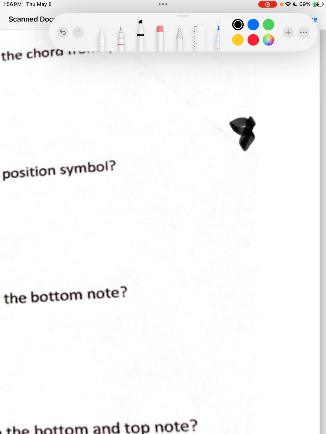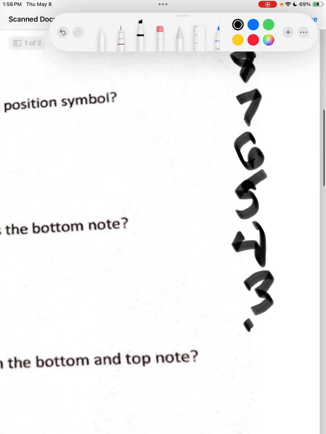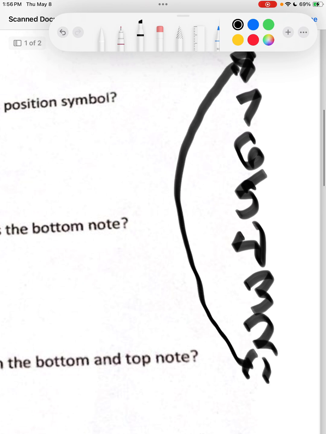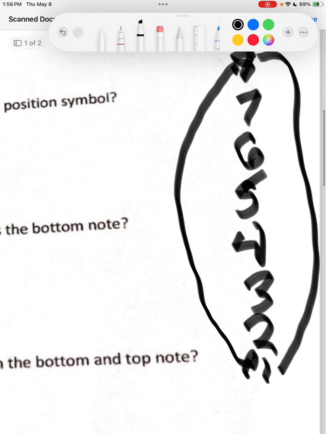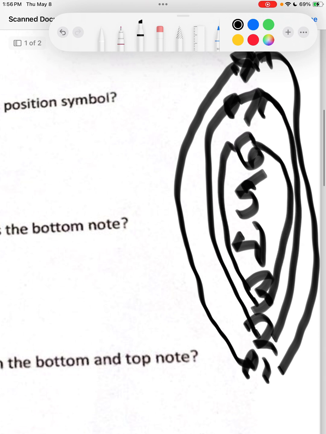Hold on. 8, 9, 10, 9, 4, 3, 2, and a 1. So 1 goes to the 8, goes here. You go back here. 2 goes to this. You go back here. 3 goes to you, and you go back here.